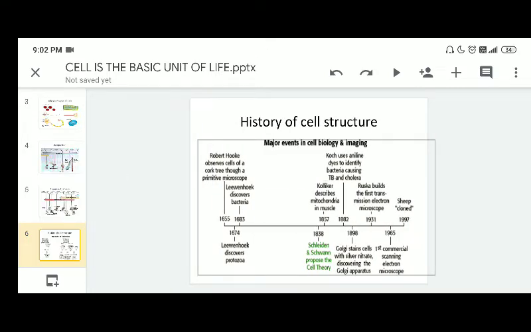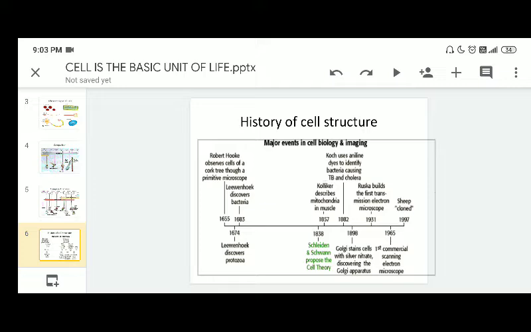Now we come to the history of cell structure. When and what type of work has been done, that is shown by this slide. First of all, in 1665, Robert Hooke observed cells of a cork tree through a primitive microscope.